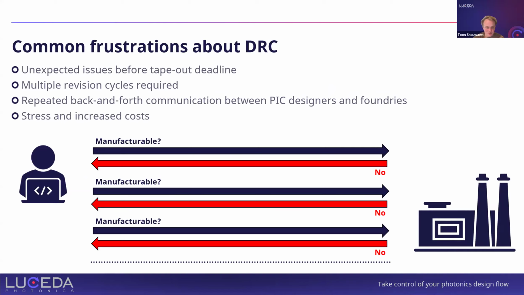Also, it's hard to fix all the errors in one iteration, because fixed errors can also create new errors. And usually multiple revision cycles are required, which creates lots of repeated back and forth communication between PIC designers and Foundries, which can lead to stress and increased costs, and even maybe a missed tape-out deadline.